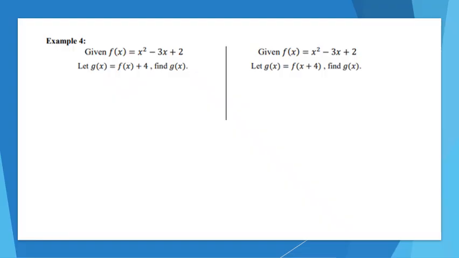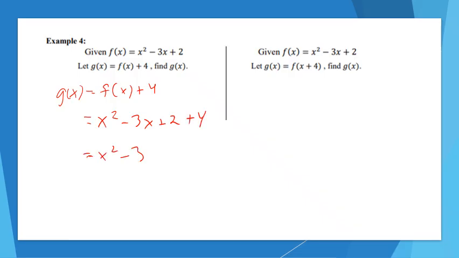So here, example 4, given this function, I'll let you pause the video now, try this on your own, because I'm about to go over the answers here. So here we have g of x equals f of x plus 4, which is equal to x squared minus 3x plus 2 plus 4, which is x squared minus 3x plus 6.